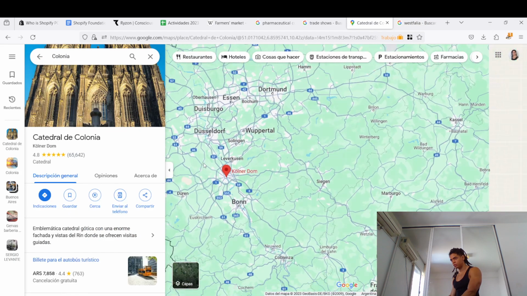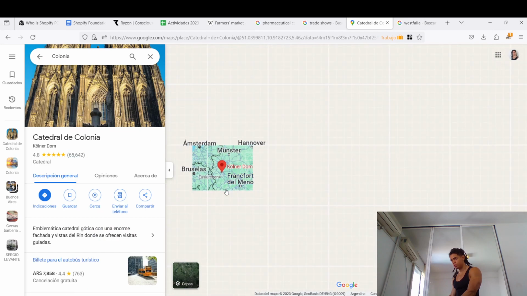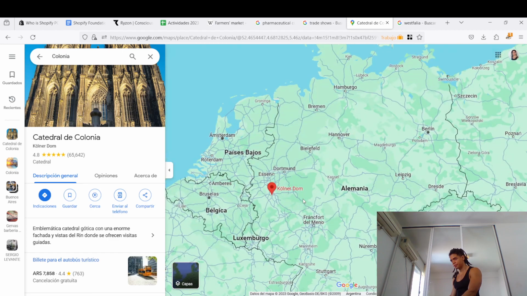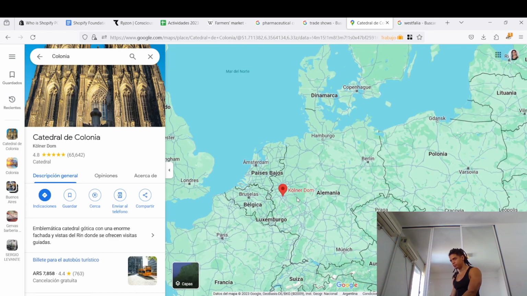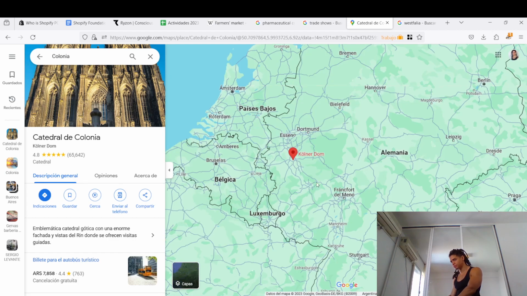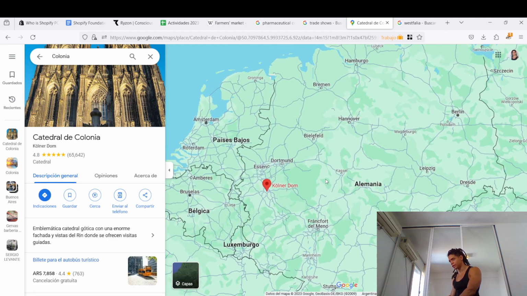Where is Cologne? Belgium, Amsterdam, Luxembourg, in Deutschland.